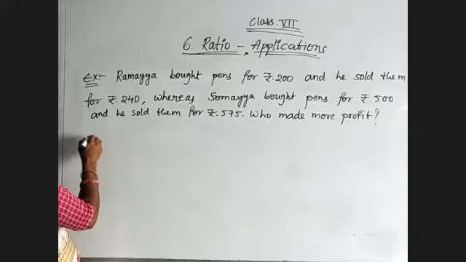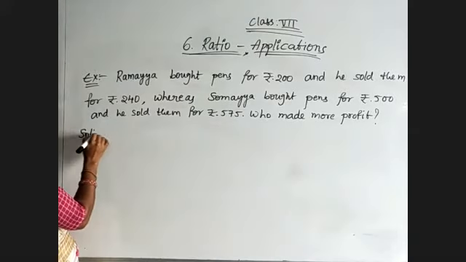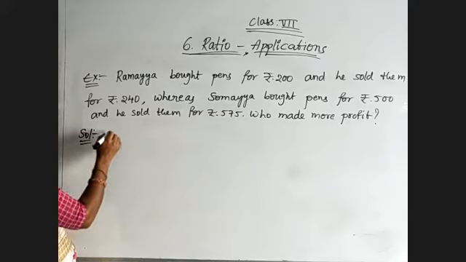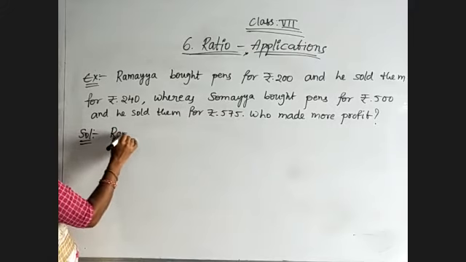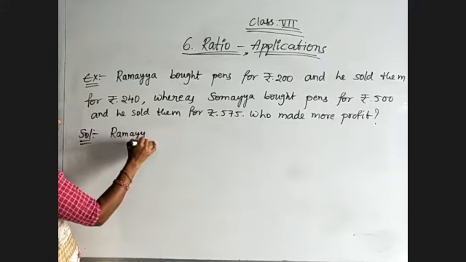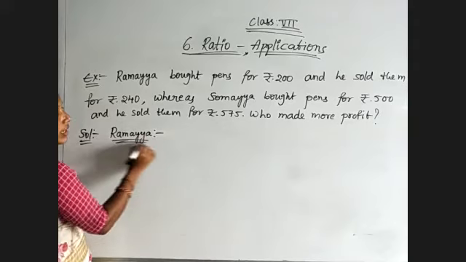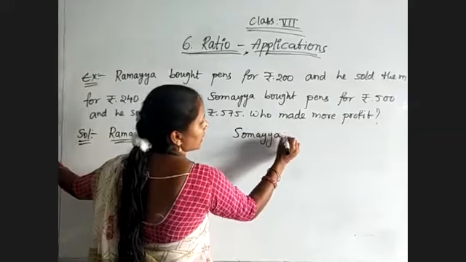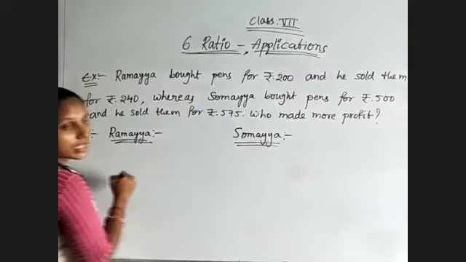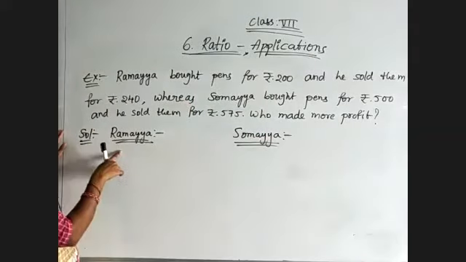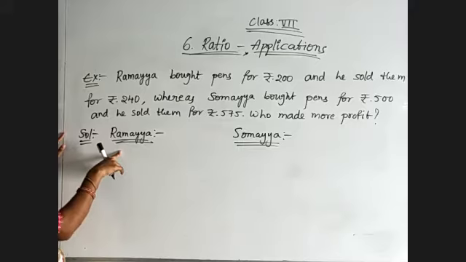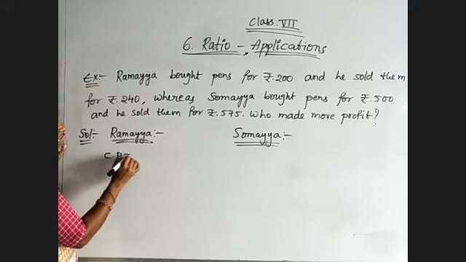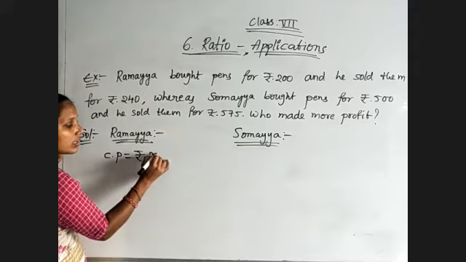First of all, for Ramaya and Somaya, both persons, we are discussing profit percent. In the case of Ramaya, he bought pens for 200 rupees, so CP is equal to 200.